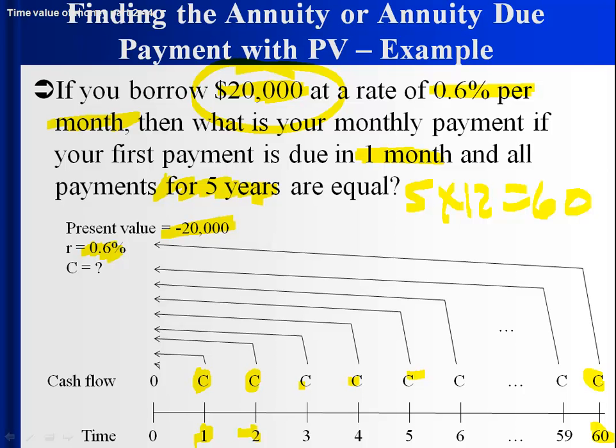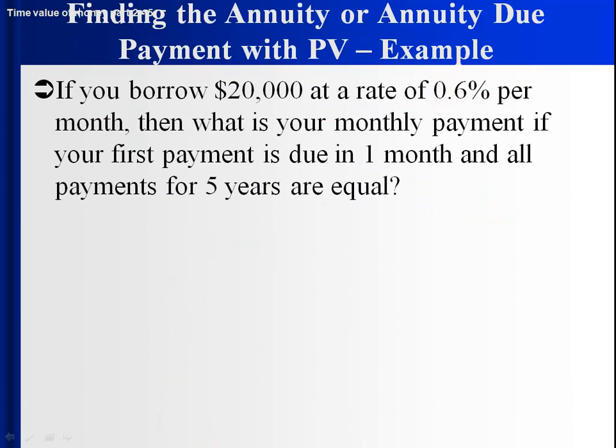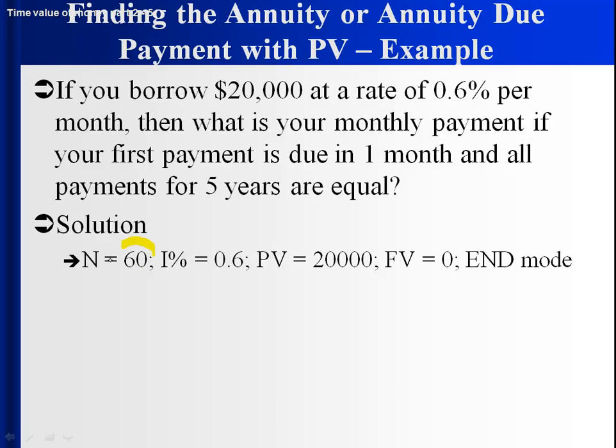So we want to find C such that C over 1.006 plus C over 1.006 squared plus C over 1.006 to the third, all the way out to plus C over 1.006 to the 60th, is equal to negative 20,000. So again, there are 60 payments.